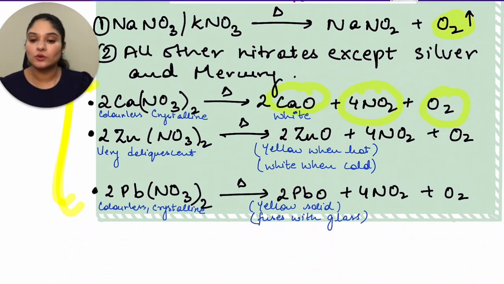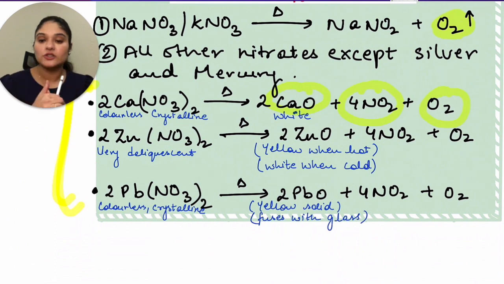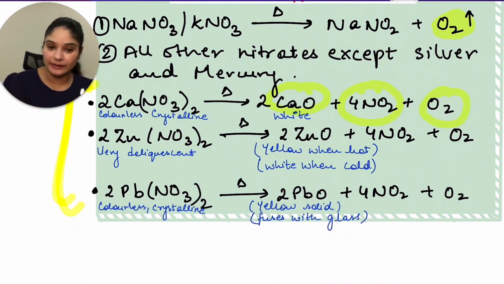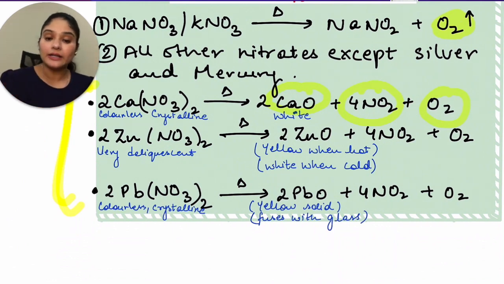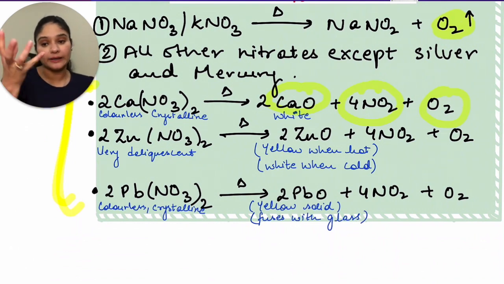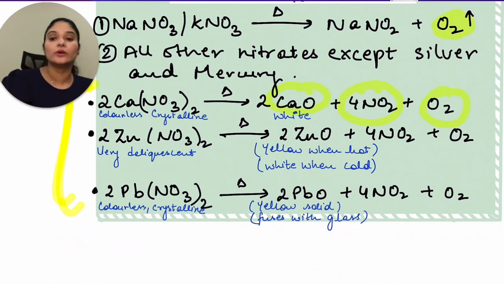Now a few things you have to remember here. Calcium nitrate is a colorless crystalline compound which gives you a white compound, calcium oxide. Zinc nitrate is very deliquescent, and it gives you a compound which is yellow when hot and turns white when cooled down.